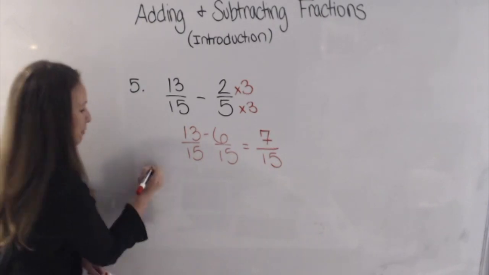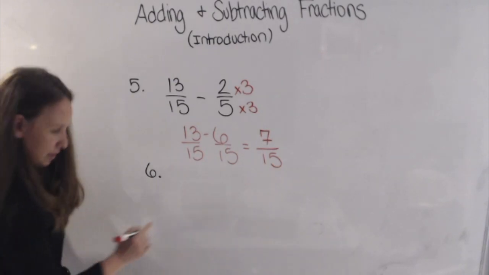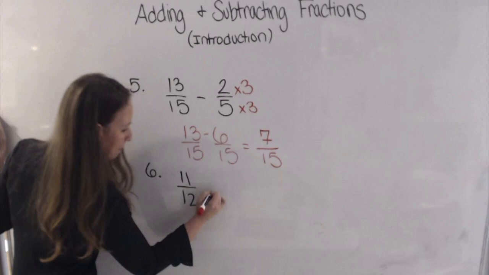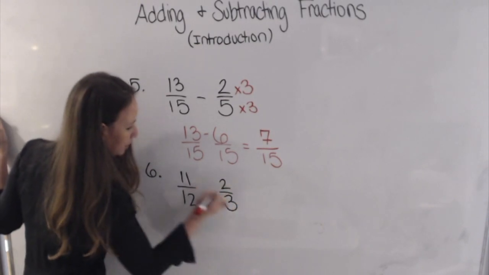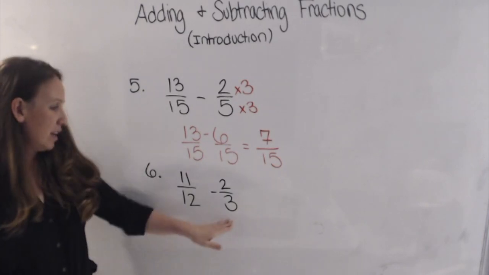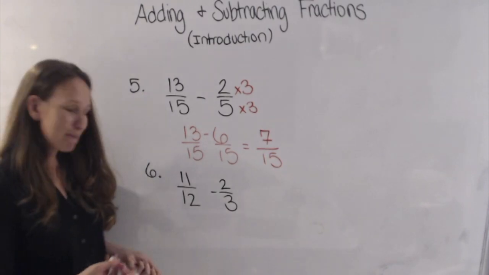Okay, last problem for this unit, number 6. 11 over 12 minus 2 over 3. Well, what do I notice here? I can turn 3 into 12 by multiplying it by 4.